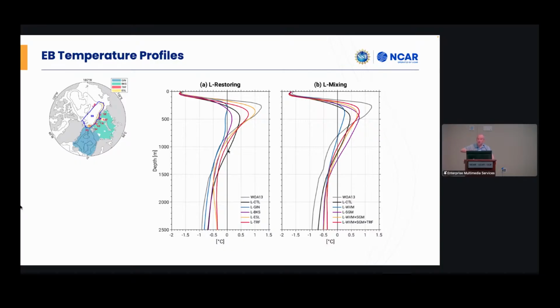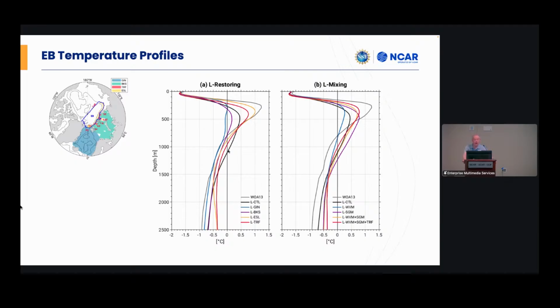If you do just the shelf restoring, that's the yellow line, we get actually really close to the observational profile in the Eurasian basin. When we actually do only the trough restoring in a few cases, then we get the red line. So just by doing a limited restoring in those trough regions, we eliminate the bias quite significantly.